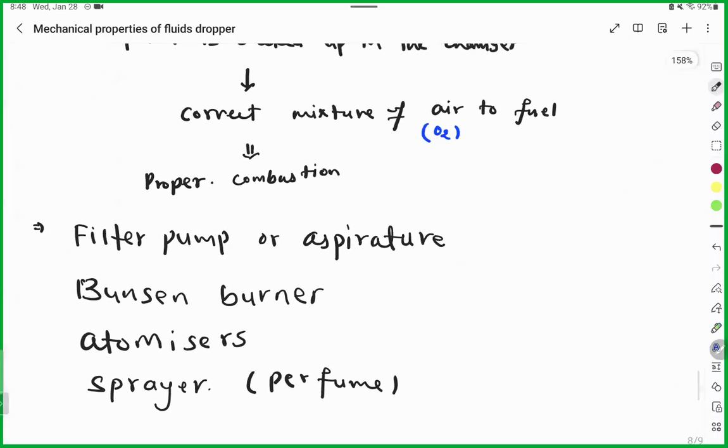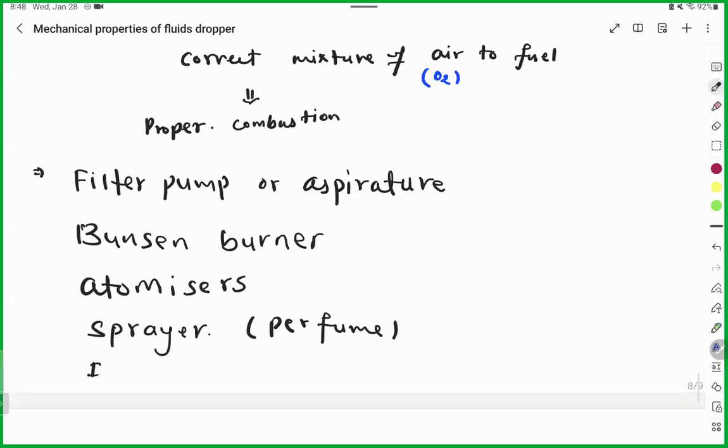Anybody have doubt? The same thing happens in the insecticide spray. When a farmer sprays, they use the same pressure. They will press the bulb. Not only this, I'll give you the simplest example. You must be using hand wash. What do you do to get the hand wash out?